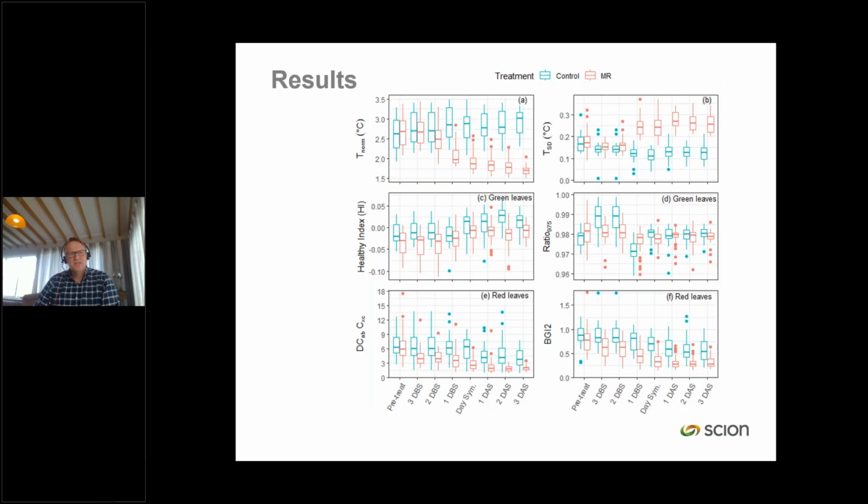So just digging into the results a bit further, this slide shows the changes in some of the key indices with respect to infection stage for the control and myrtle rust plants.